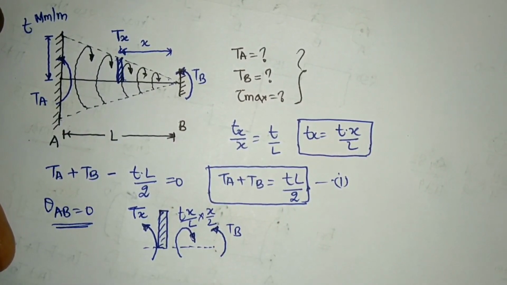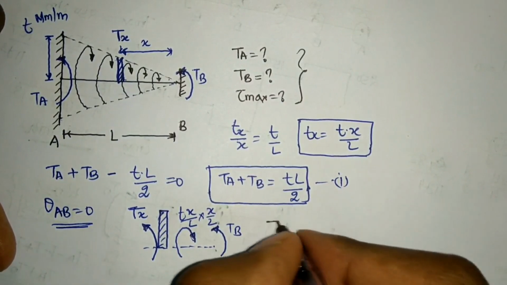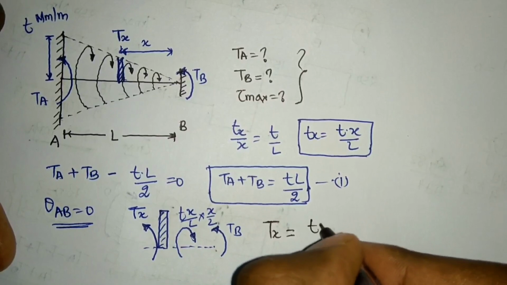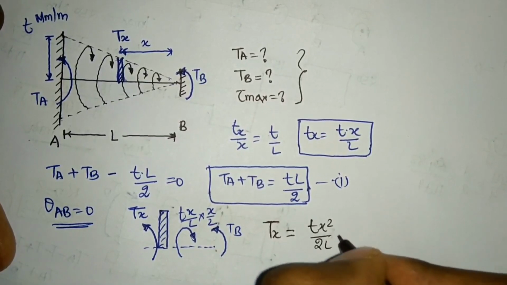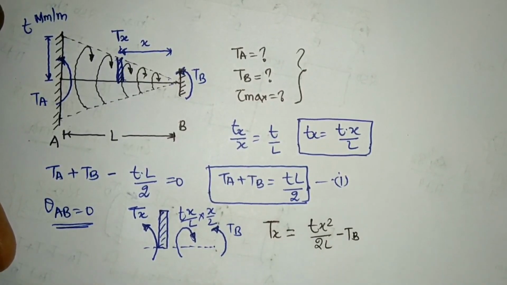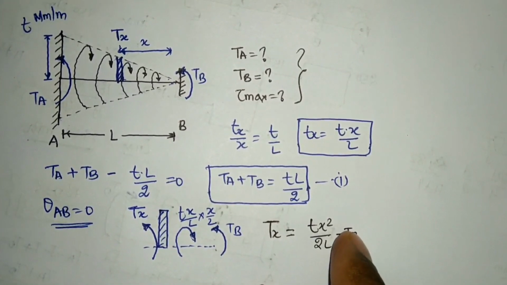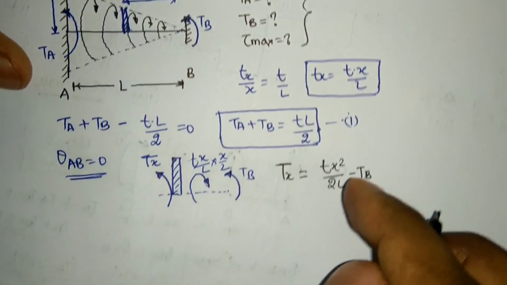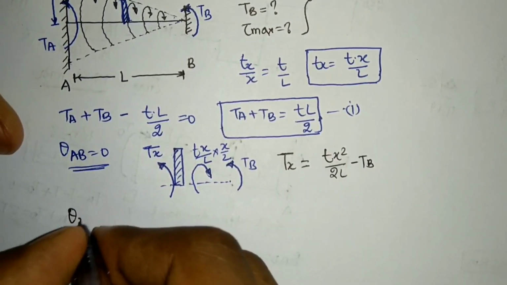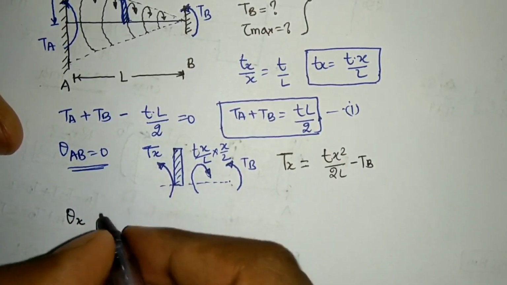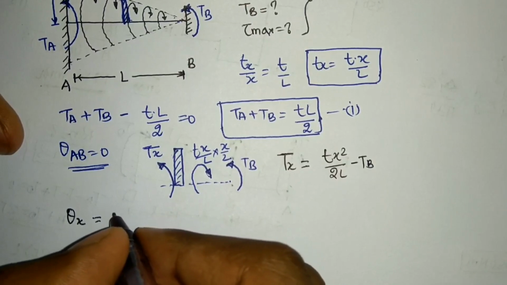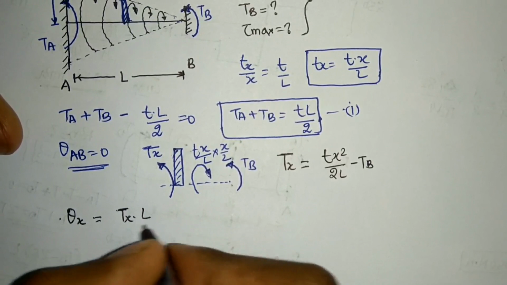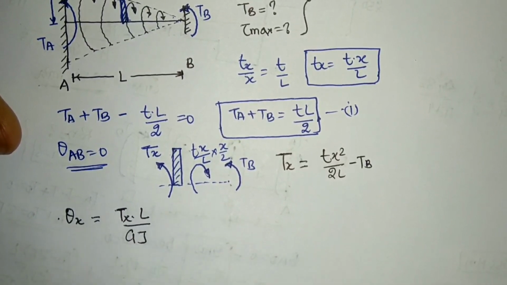So finally, what I am getting here is that the torque at that particular element is nothing but Tx square divided by 2L minus TB. That is the value of my torque at that particular element. If this is the torque value, I can say the theta of this element is equal to TL divided by GJ, so T into L divided by GJ.